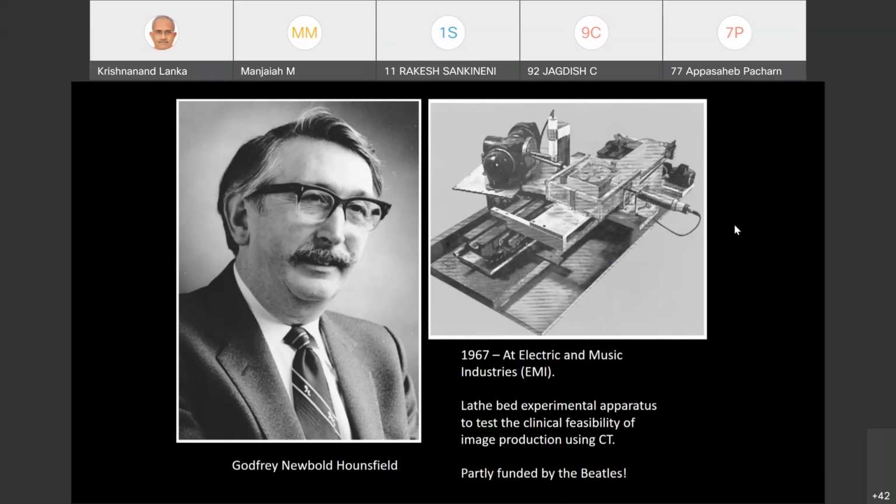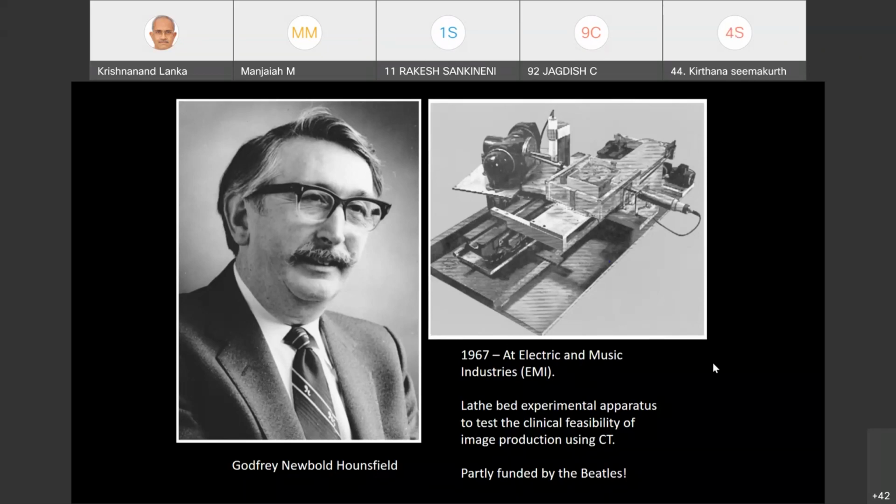Can you recognize this figure? Can anyone guess what this apparatus is? What does it look like? Yes, a camera.